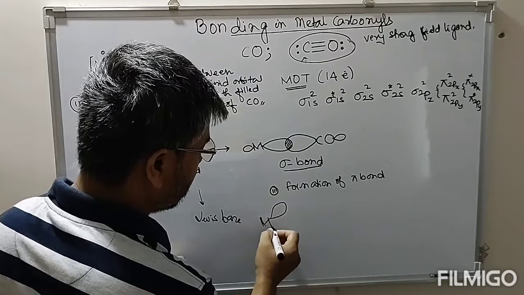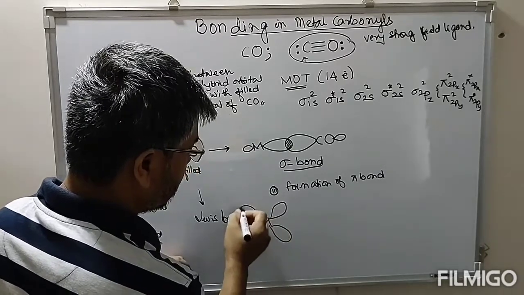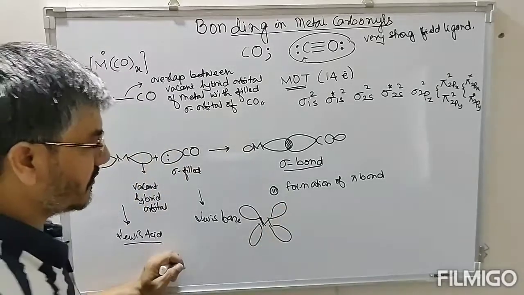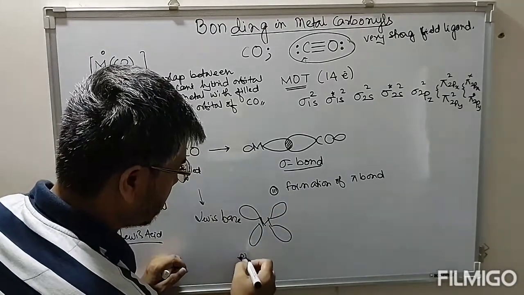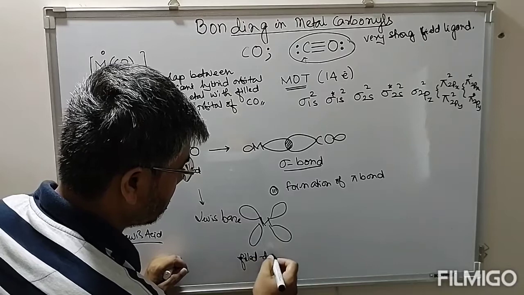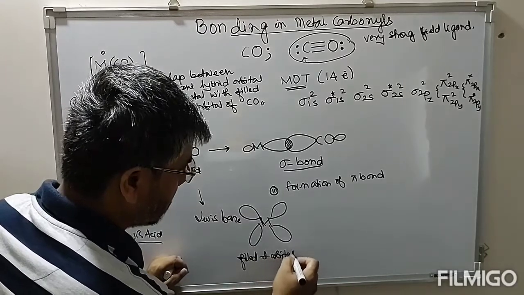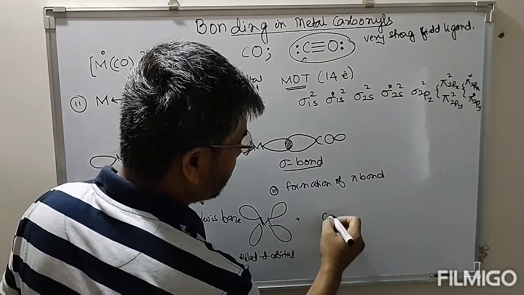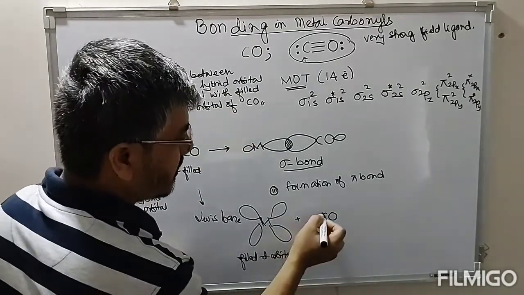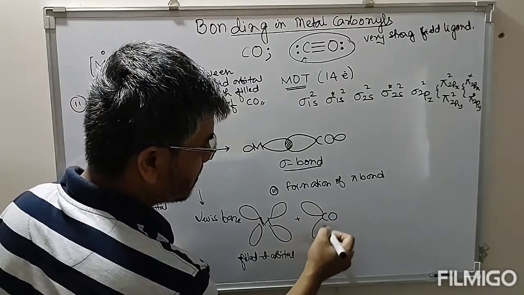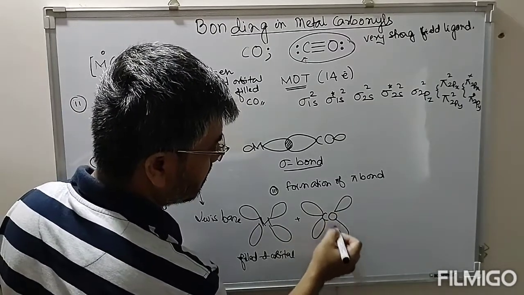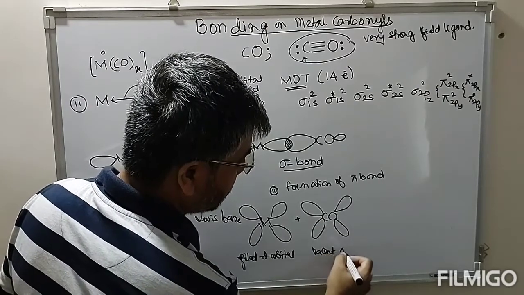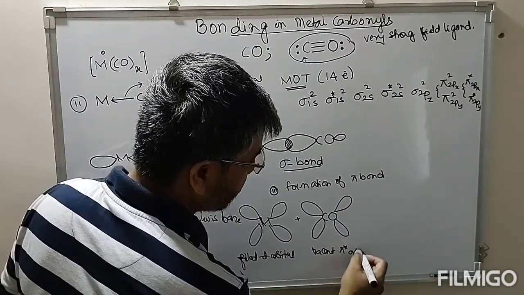So let us look at this. This is the filled d orbital of the metal. So the metal has got a filled d orbital, plus we have carbon monoxide, that is the ligand. The ligand has got vacant pi star orbitals.